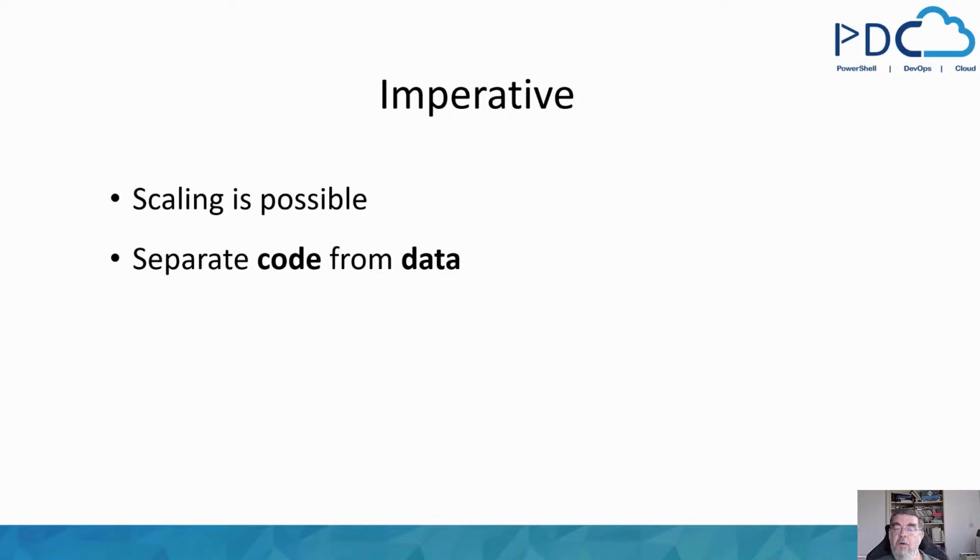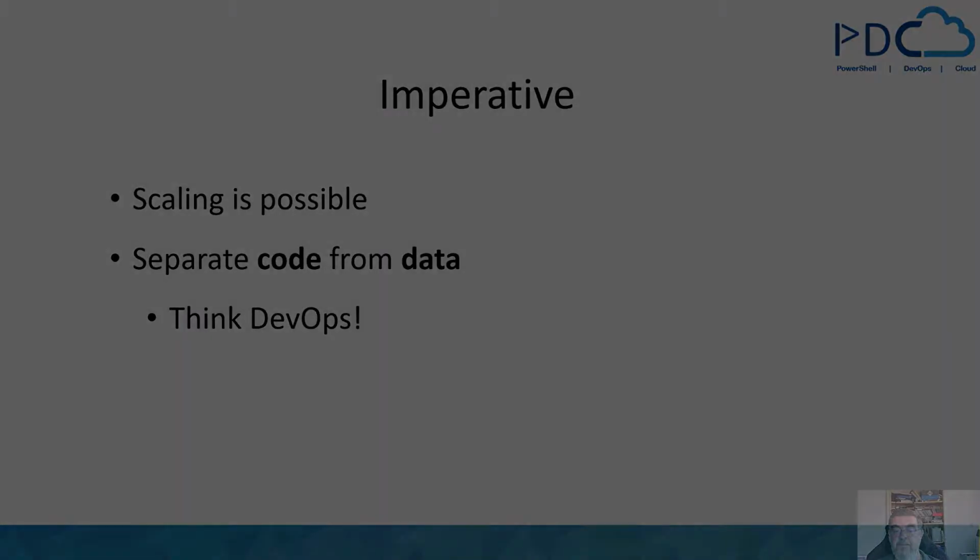This will become more obvious once we go to the declarative method, as you will see later on. And all this code data separation is one of the basic concepts in a DevOps environment. Since you have your code and your data separate, you can add both of those under source control. And a change to your data doesn't necessarily mean that you need to change your code, and vice versa.